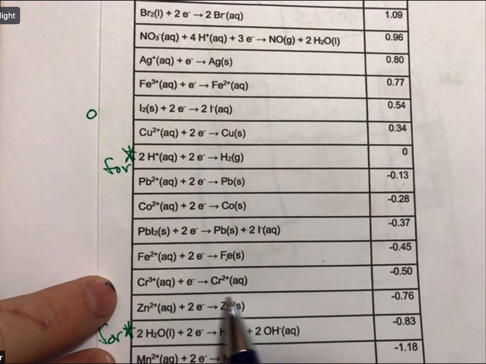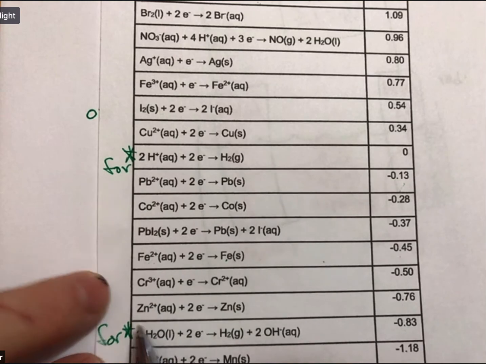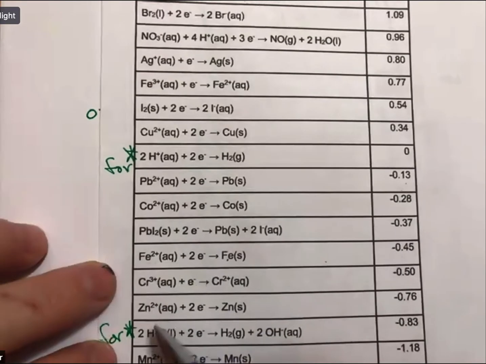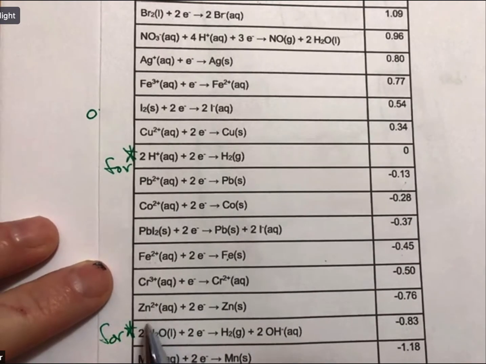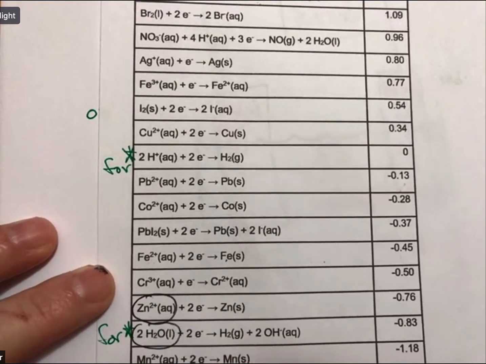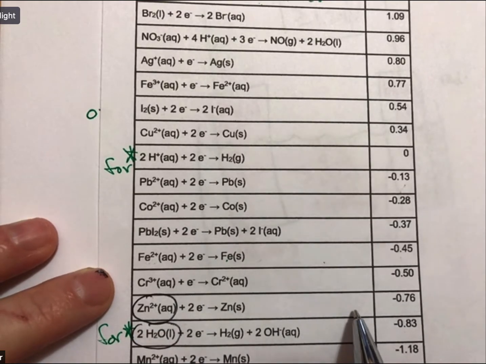You don't have the zinc solid, right? No. So you start down here, but you're going down the list and you're looking for reactions that you can do. You have this, you have this. That means you can do these only as written. Okay. So I have to flip that.